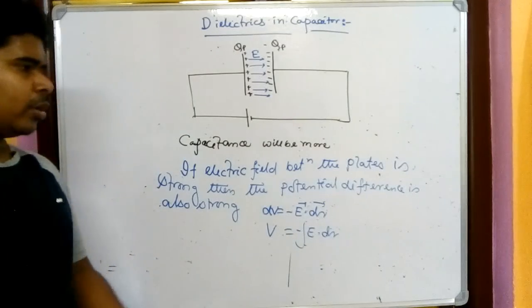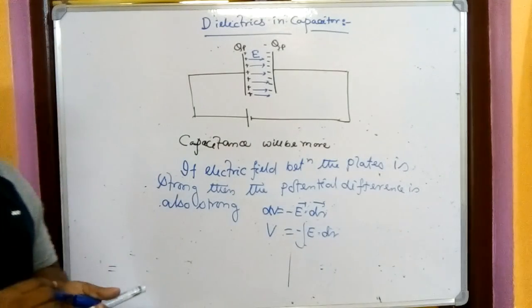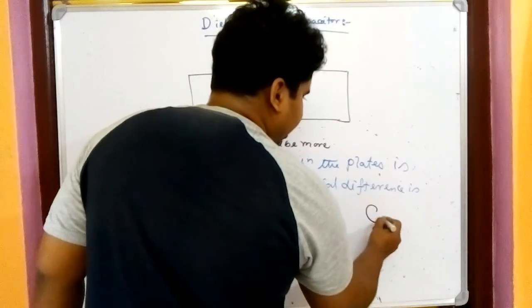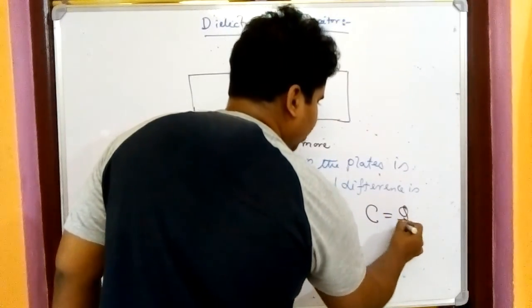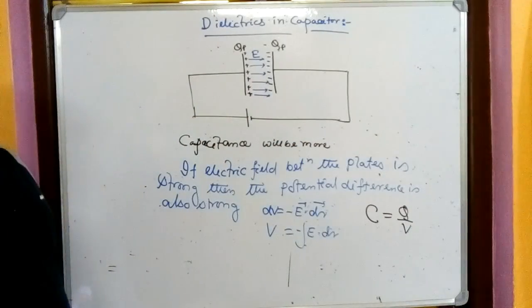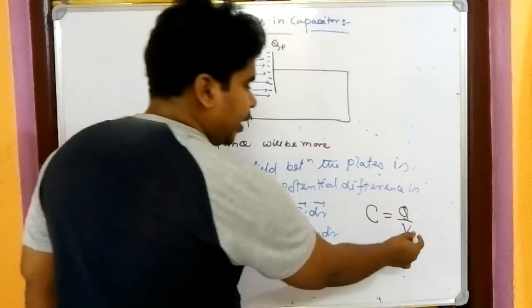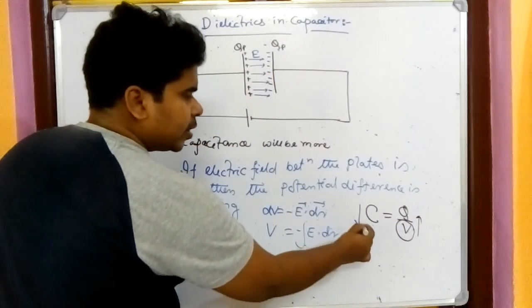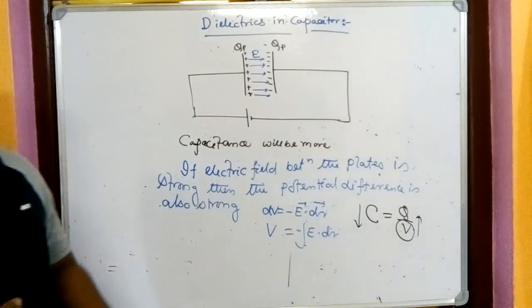Then you may ask, sir, what is the problem with more potential? Yes, there is a problem. We have learned that capacitance C equals Q by V. So you see, if V is more, then our capacitance will decrease because V is in the denominator.